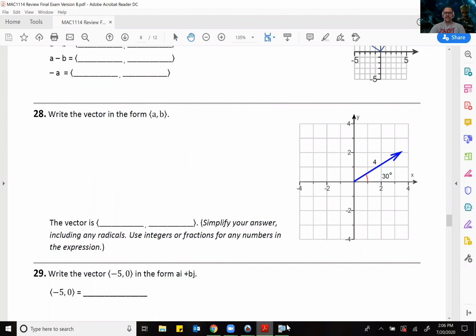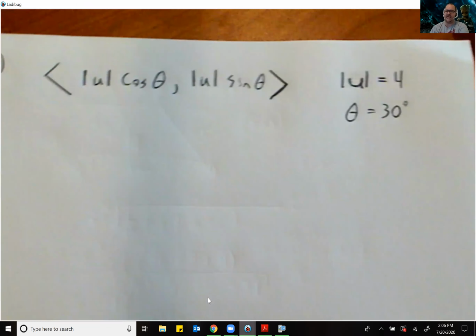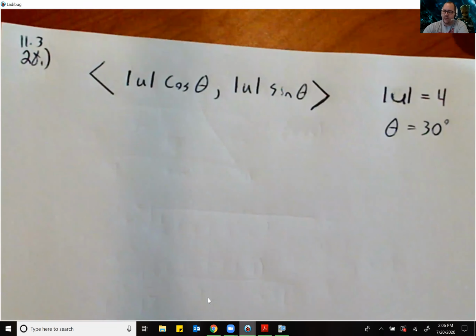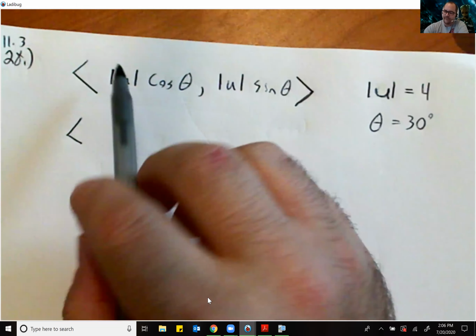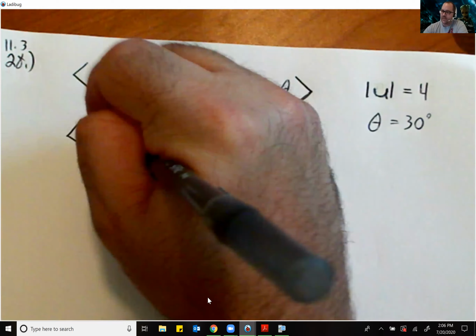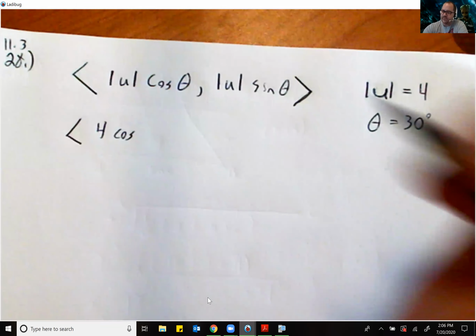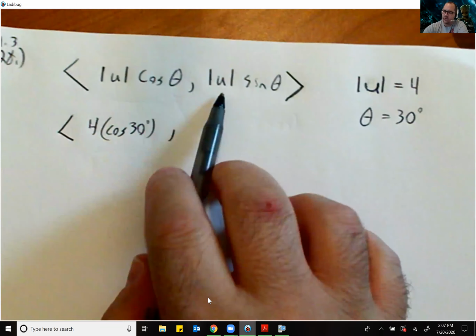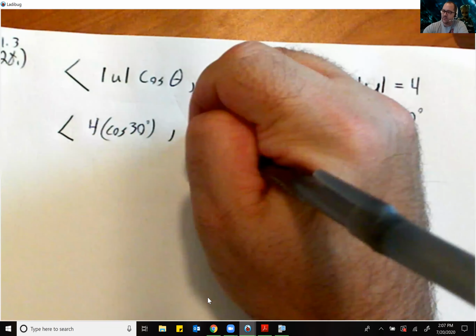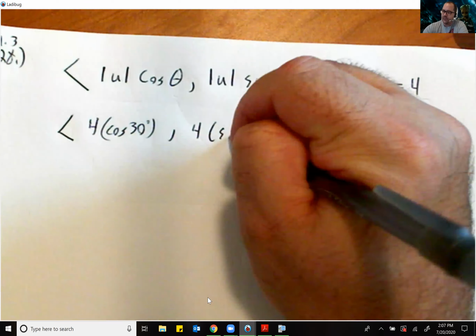All right, so all we have to do is plug and chug, and they do want exact answers. So we're going to take the magnitude, which is 4, times cosine 30 degrees. And we're going to take the magnitude, which is 4, times sine 30 degrees.